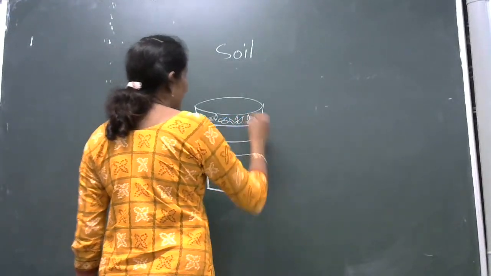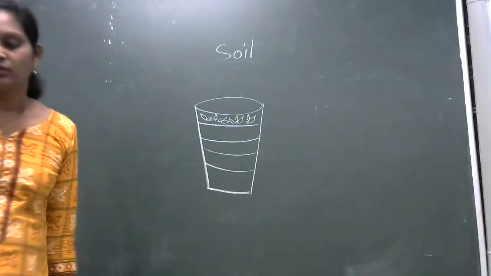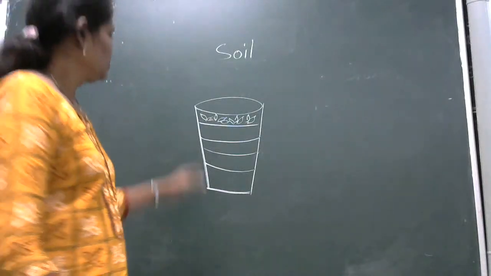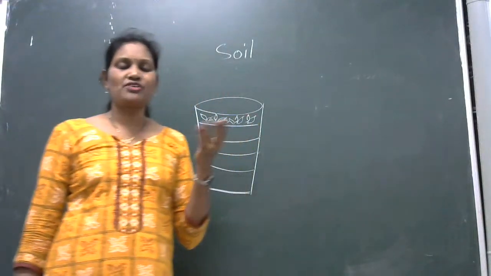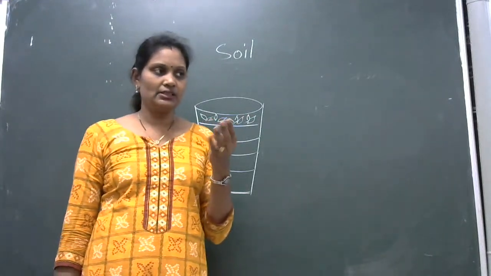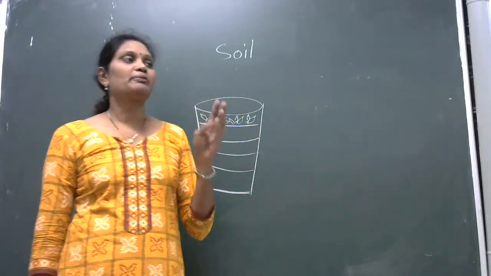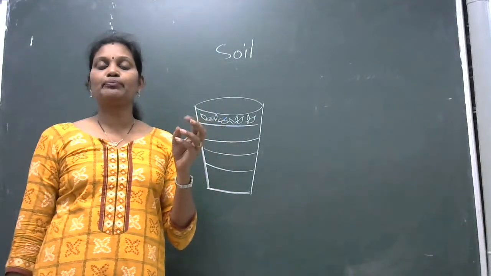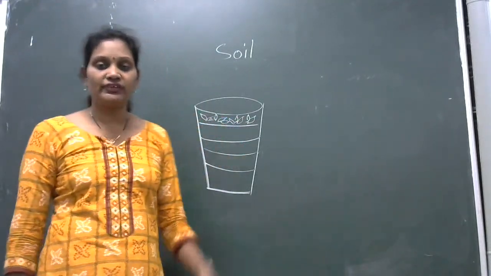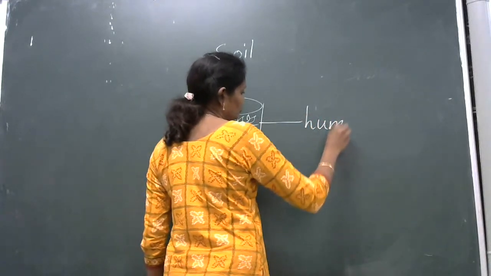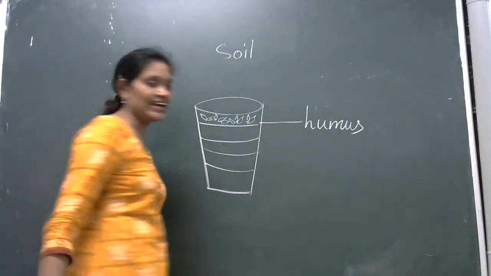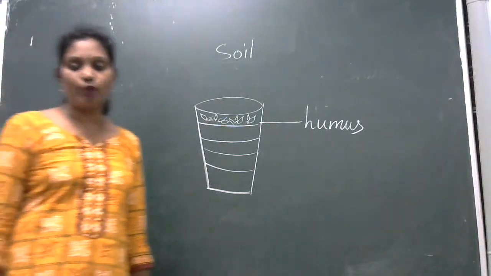So you can see that at the top, leaves or some kind of waste material, the remains of the leaves and the plant. This we can see. So this is nothing but the humus. And this humus, it is very important.